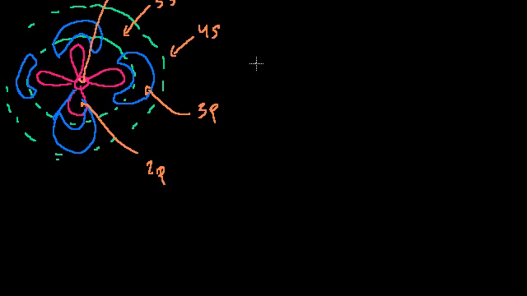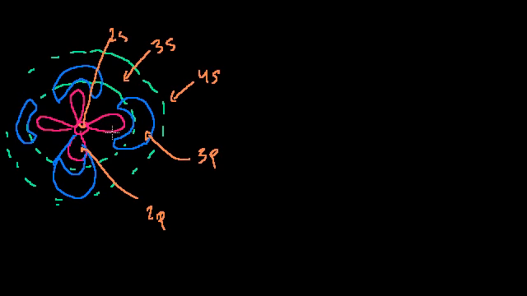And then instead of immediately starting the next p shell, you're in the d block now. So let me just write some labels. This is 4s, this is 3s, this is 3p, this is 2p, this is 2s. And then 1s is inside of 2s, so you don't have to worry about that too much.